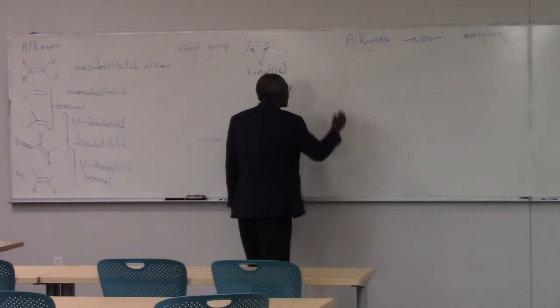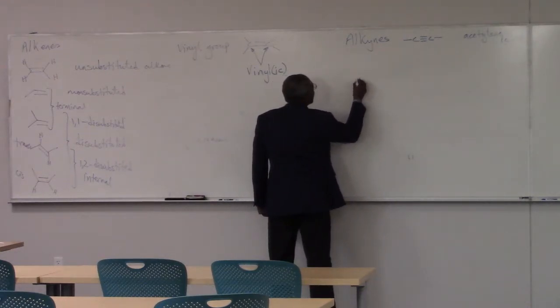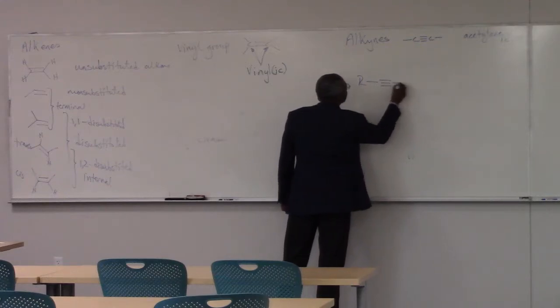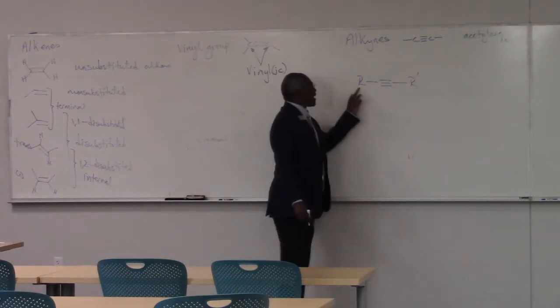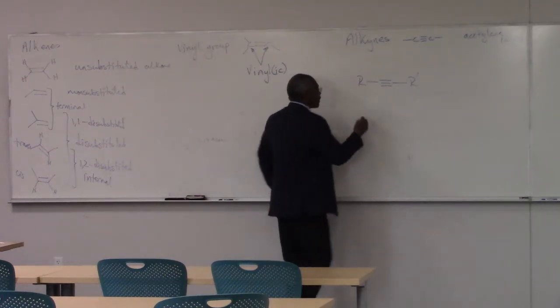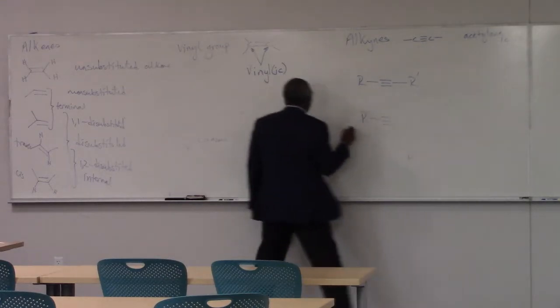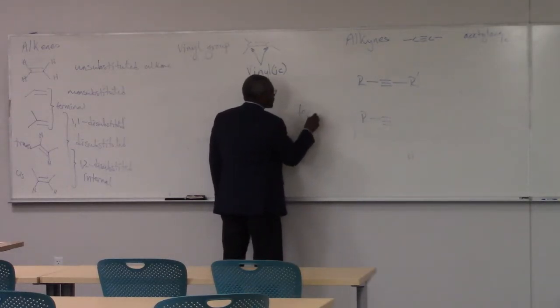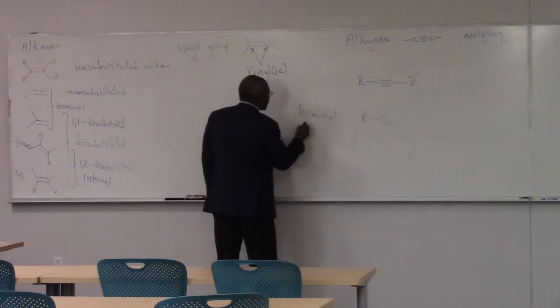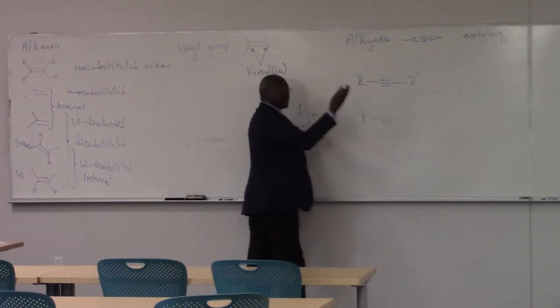And so alkynes fall into two categories. They can either be internal, where I can have either the same R groups or different ones, or they can be terminal. Right, so this is a terminal alkyne, where the triple bond ends the chain or begins it, right?